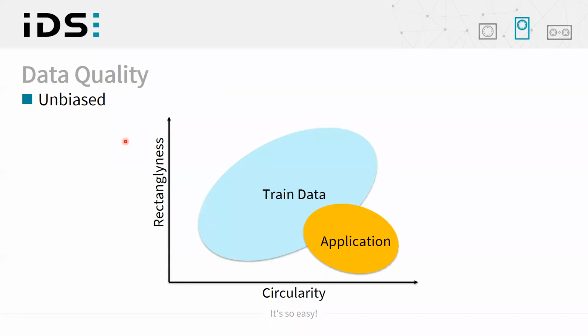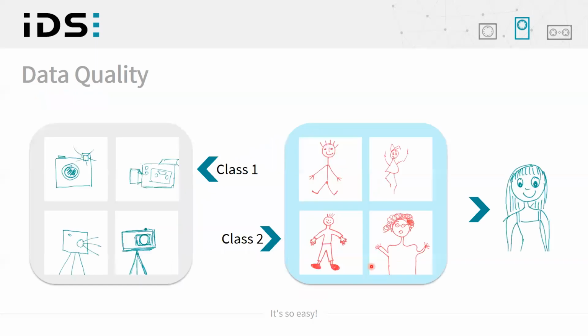So the third point is a data set bias, which probably happens most frequently. And that would look somehow like this. If your training data completely or partially misses the application distribution. So that's a bad case. How could you imagine this would look like?